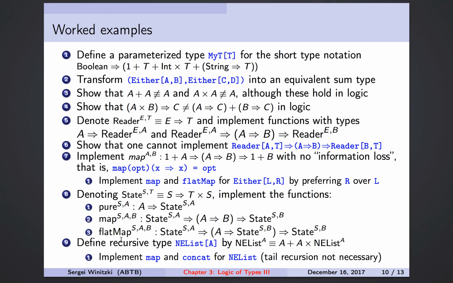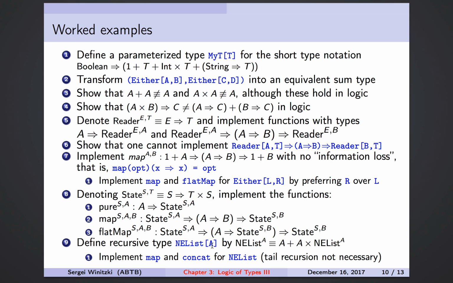The last example is to define a recursive type, non-empty list. And this is defined in the short type notation by this formula. So let's see what that is. We need to define it, and then we need to implement map and concat functions, where concat is concatenating the lists, and map is just a typical map for a collection.